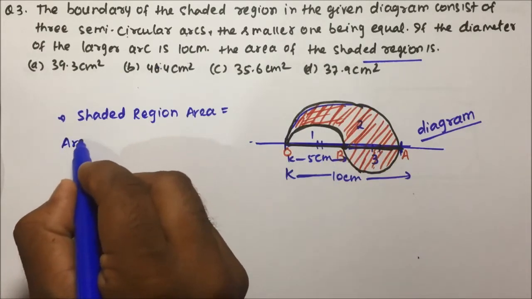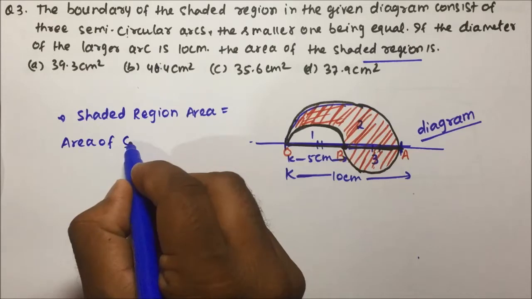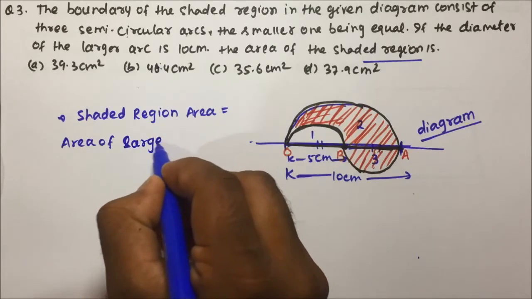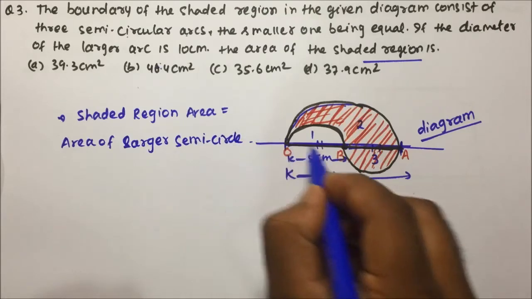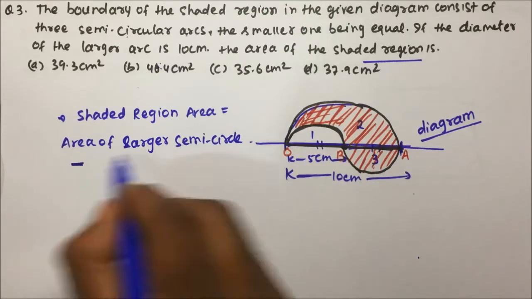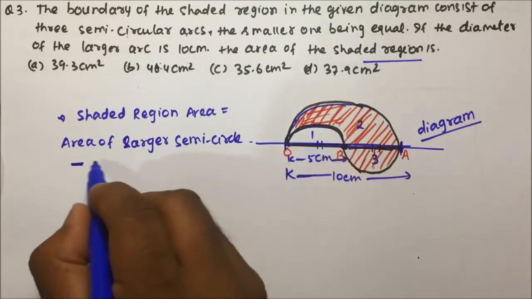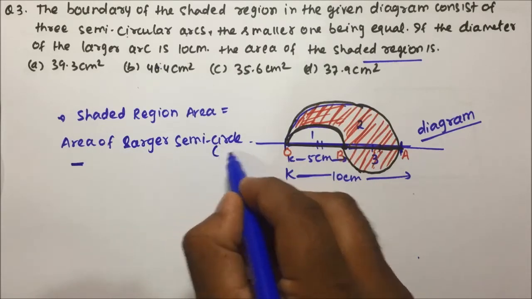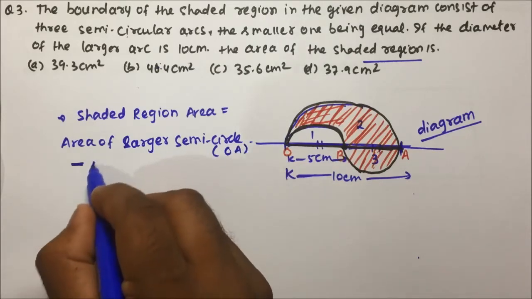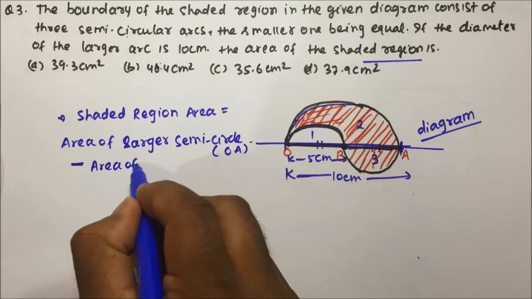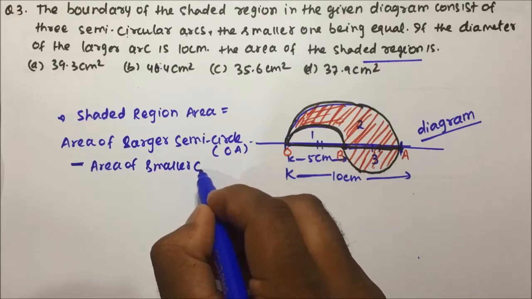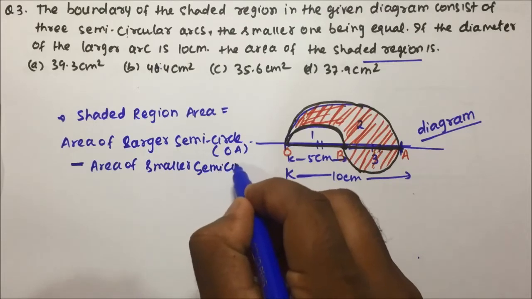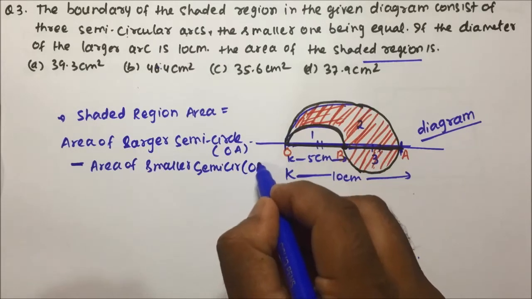So area of the larger semicircle OA, minus, I have to subtract this area of a smaller semicircle, which is nothing but OB. So this you have to subtract.